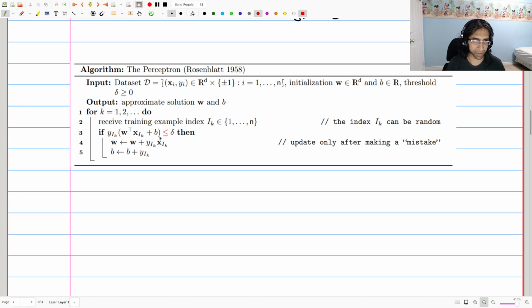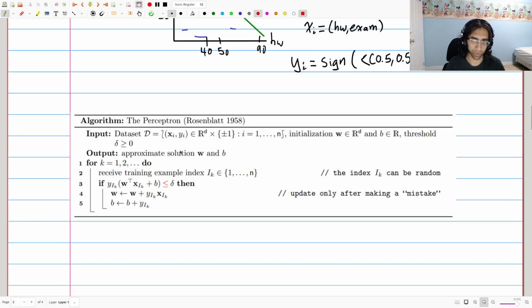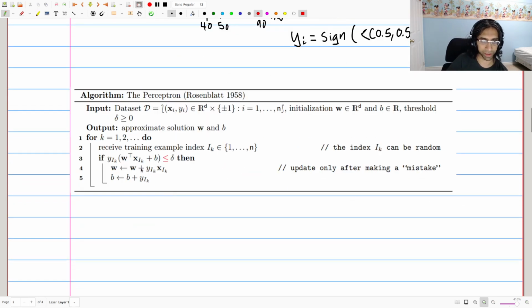In this case, it made a mistake, because recall that what we want is for the sign of this expression to match the sign of the label. If it doesn't match, we'll have a negative product here, and that counts as a mistake.